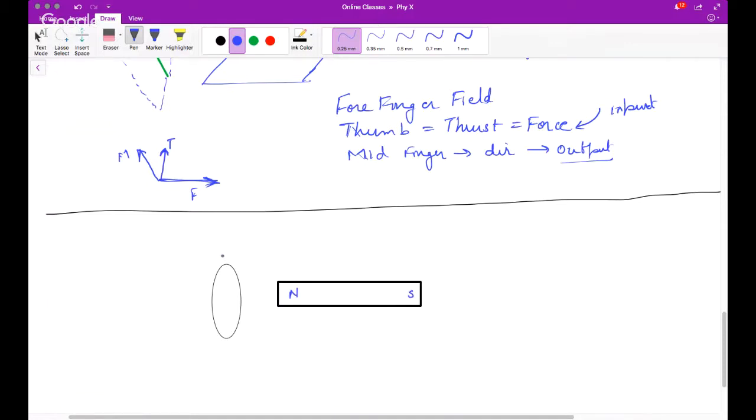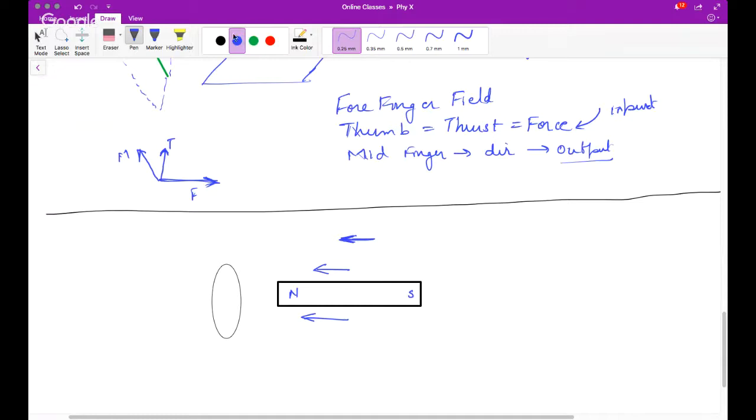And this ring is, let's say, held constant. And what is happening is this bar magnet is now moved towards the ring. Now, if you're looking from this side, what will be the direction of the induced current? Clockwise or anti-clockwise?